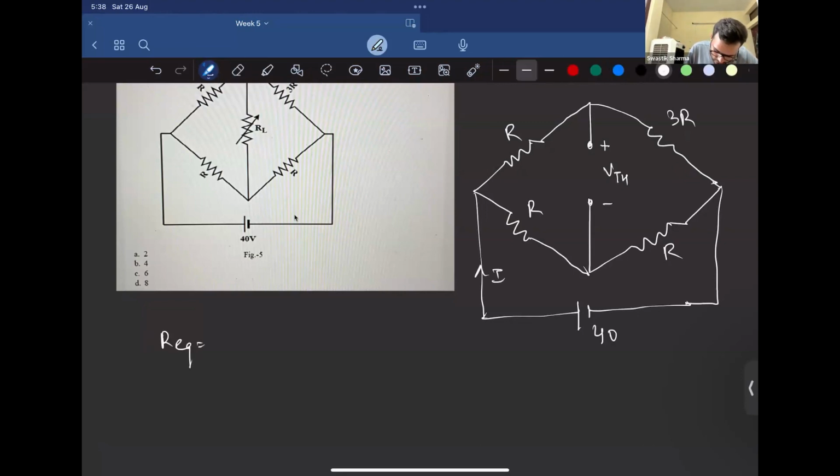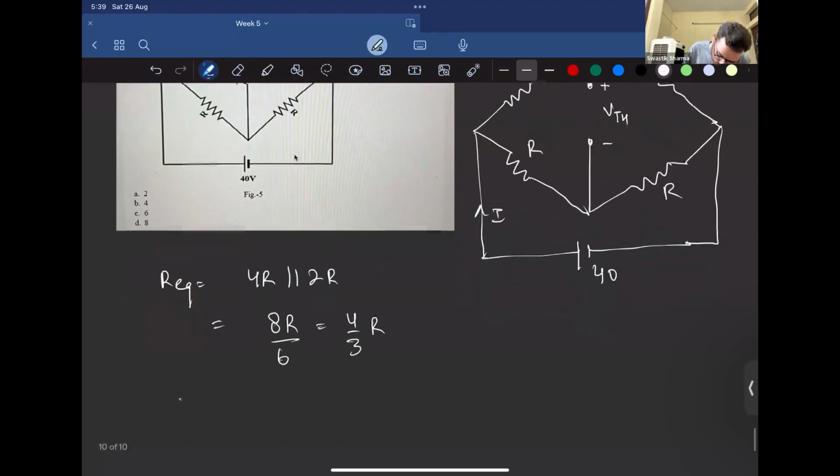R equivalent is 4R parallel to R. It will be 4R square by 5R, which is 4 by 5R. So I is 40 divided by 4 by 3R, which comes out to be 30 by R, right?